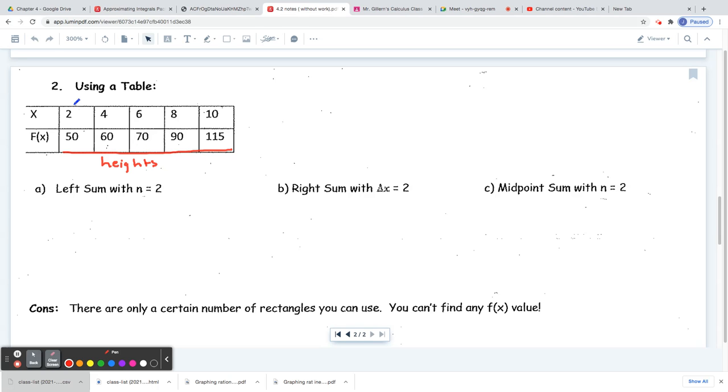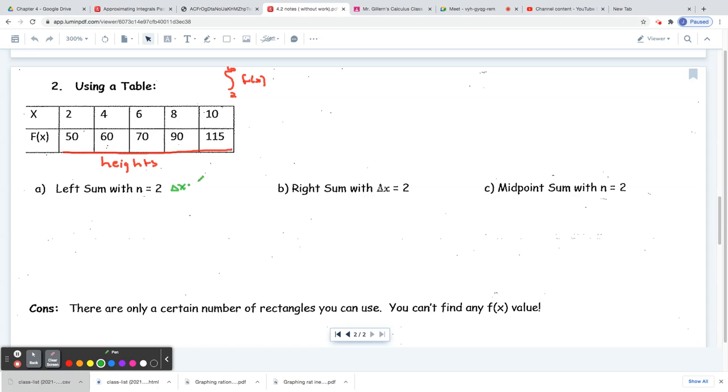So basically we have the integral of some function, and it starts at 2 and ends at 10. We want to do a left sum where n is equal to 2. The first thing you must do is find delta x.